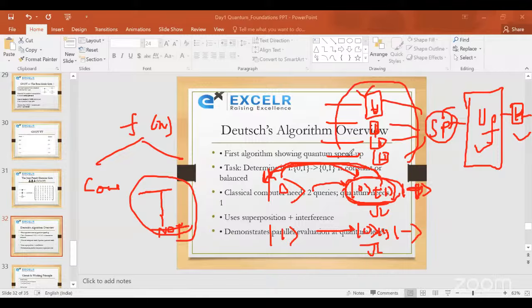The inputs are in the superposition state, with some mathematical formula in the form of ket 0, ket 1, and so on. All that we pass through the oracle, the oracle being a CNOT. Then CNOT is applied on that formula and we get the output. From that output, we apply the Hadamard gate. That is the circuit for this Deutsch algorithm.